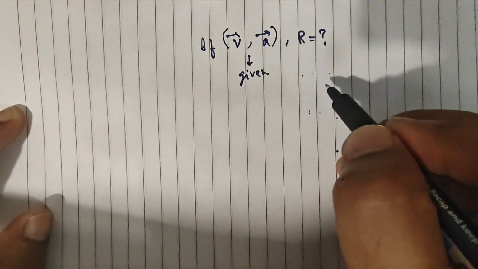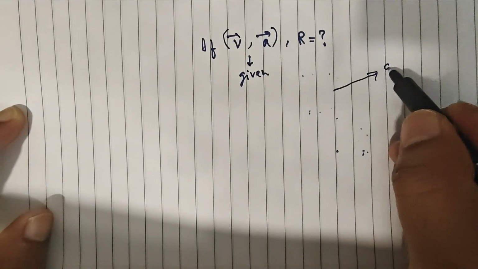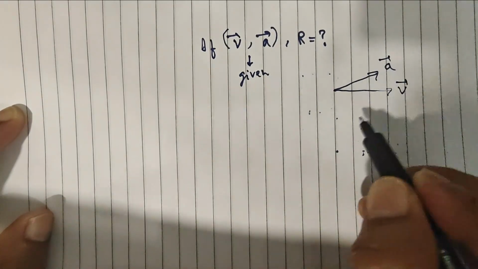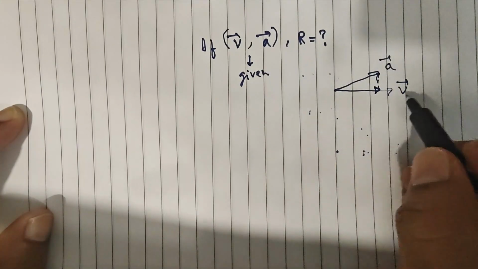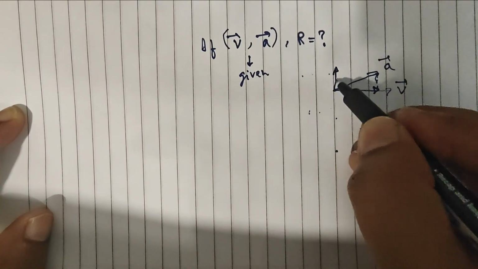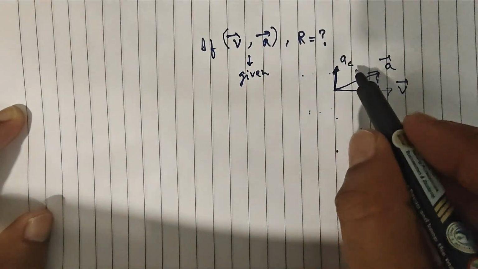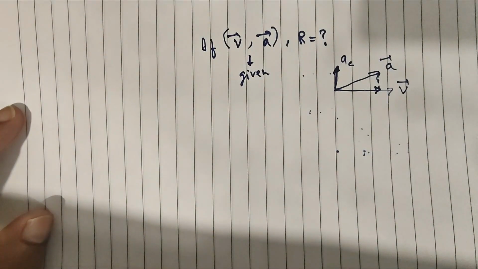For that, as I just told, let's say this is your acceleration vector and this is your velocity vector. You need to take components of this acceleration, one parallel to velocity, one perpendicular to velocity, and this is your AC. Now how to find this AC in vector form? That we have to think.